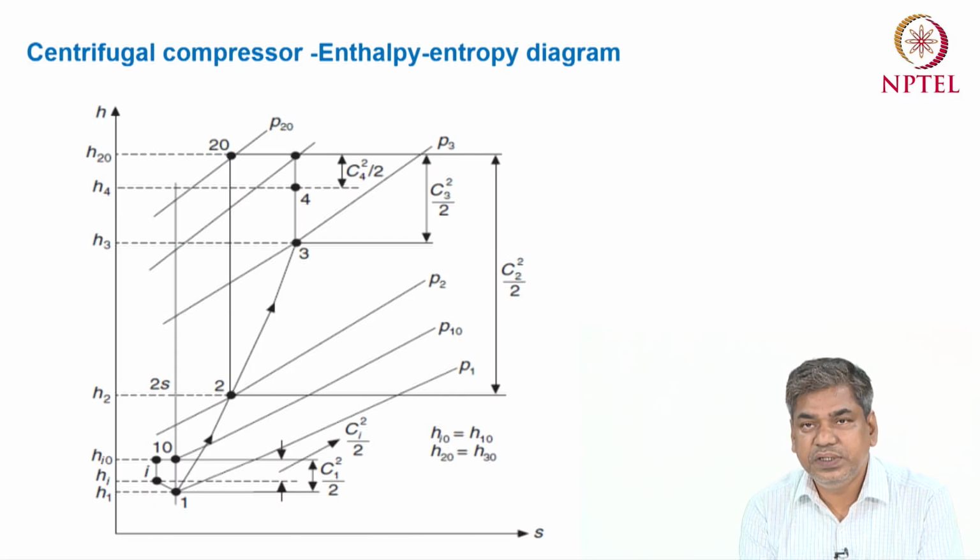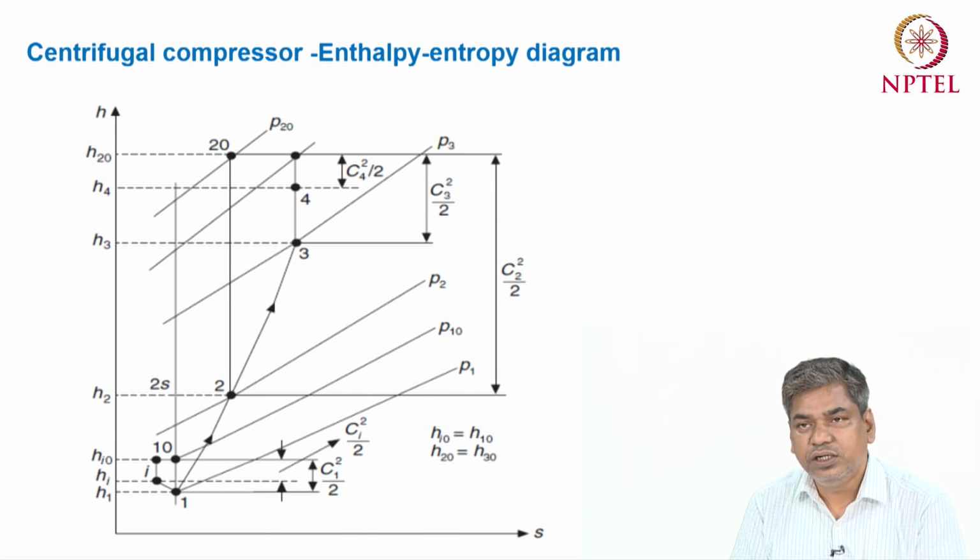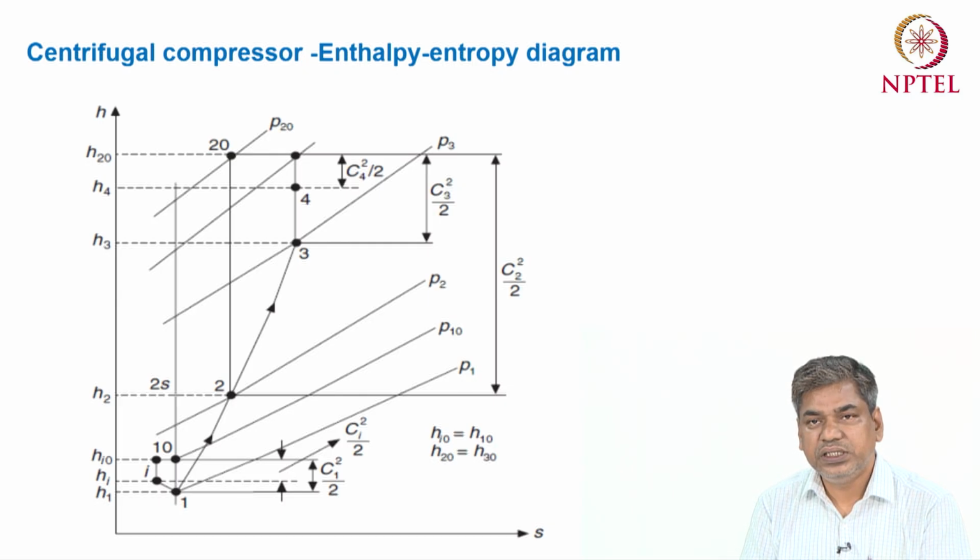So this figure shows how the enthalpies are changing in the centrifugal compressor. This is the enthalpy entropy diagram. Here I represents the inlet condition of the refrigerant. Hi is the inlet enthalpy of the refrigerant, and Ci is the inlet velocity of the refrigerant.